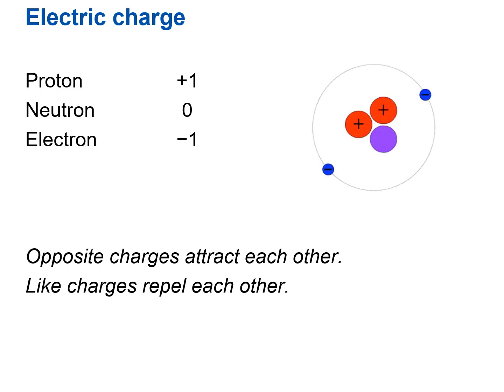As we look at this helium-3 atom in the diagram, the 2 protons actually repel each other. The electrons are attracted to the protons because electrons are negative, protons are positive, and that's actually what keeps electrons in orbit around the nucleus, because they are attracted to the nucleus.